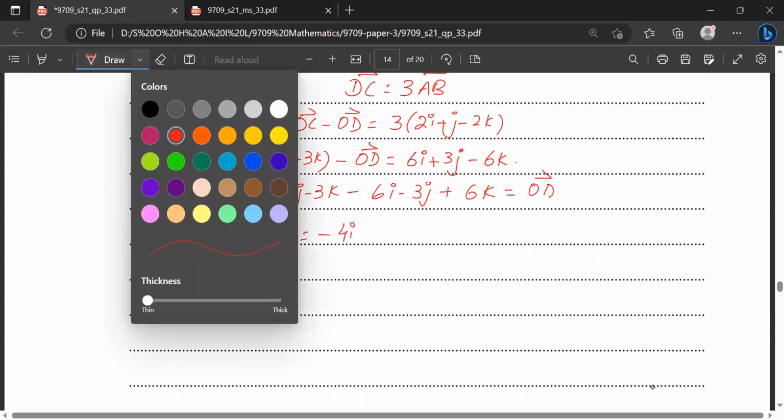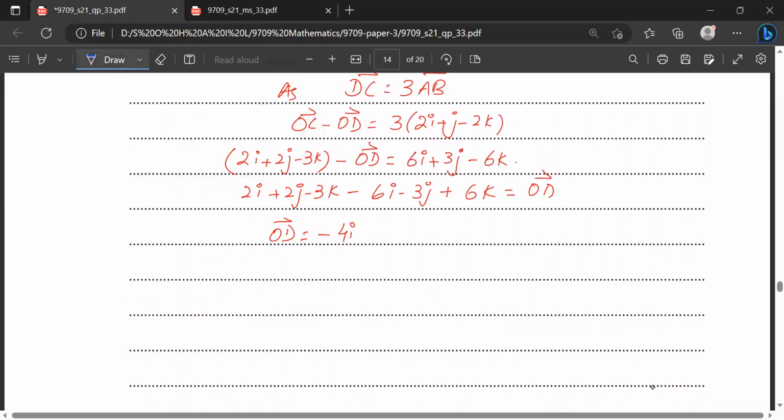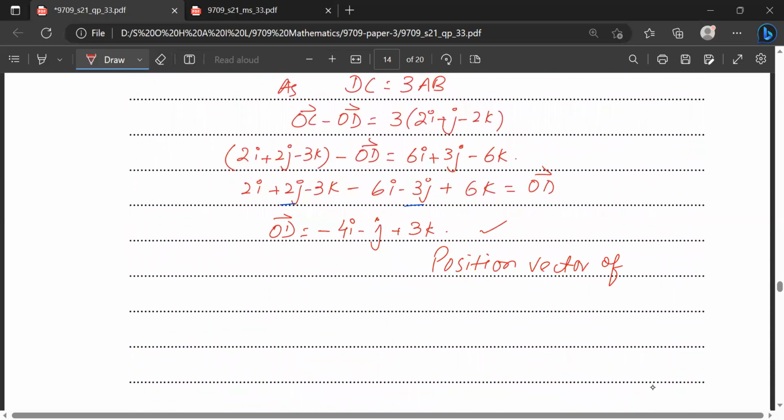Then 2J minus 3J is minus J, and finally plus 3K. Answer. So this is the position vector of D.